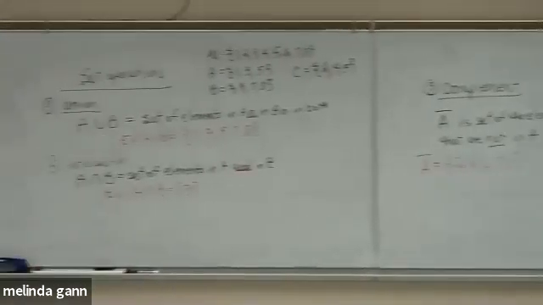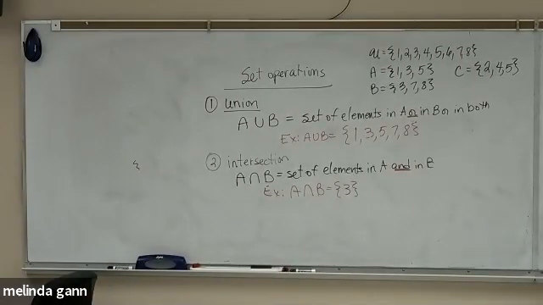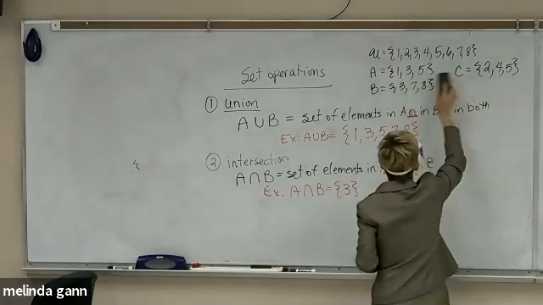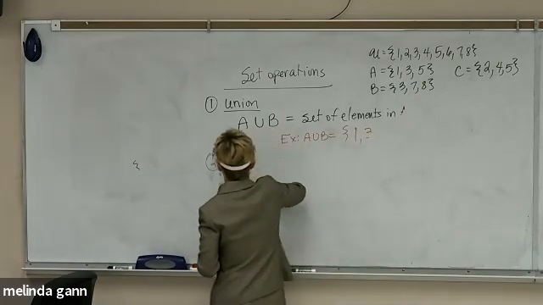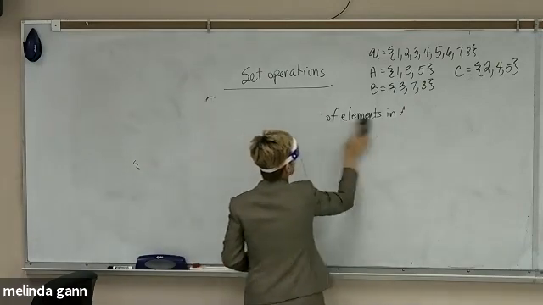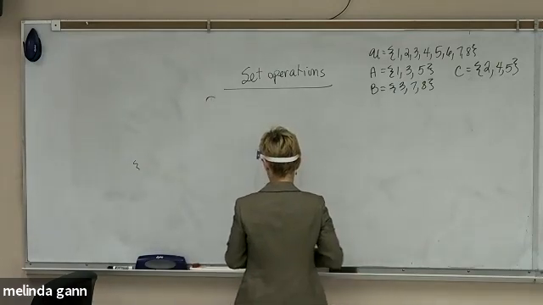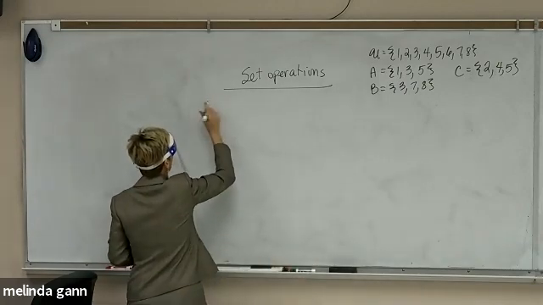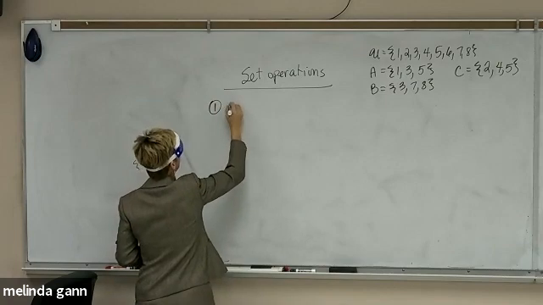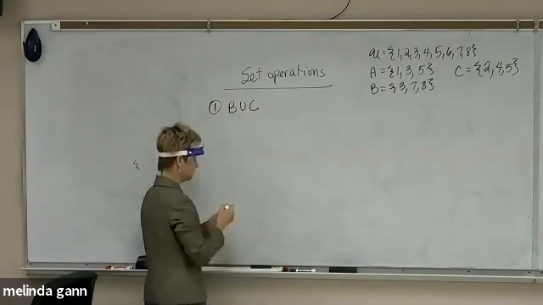Make sure we're good. All right, here's your universal set up here, and your A, your B, and your C. All right, so I want you to go do this one first. I want you to go find B union C.